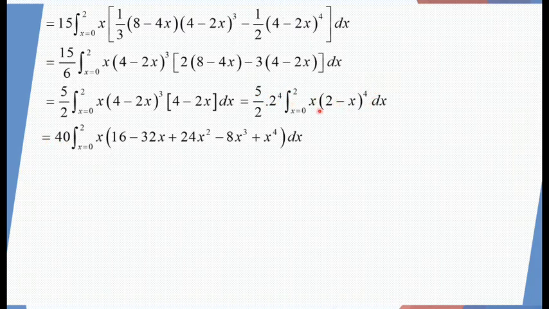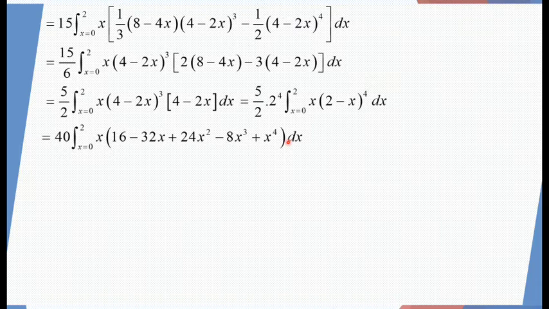The expansion of this (2 minus x) power 4 is by the binomial expansion of (x minus y) power n. We can open it with the binomial nC0 x raised to power n plus nC1 x raised to power n minus 1 y plus nC2 x raised to power n minus 2 into y square up to nCn y raised to power n.